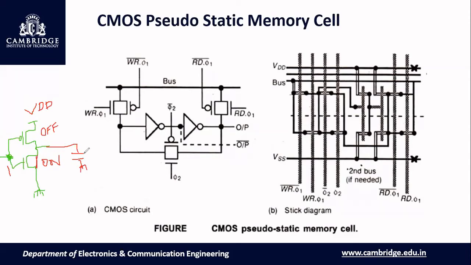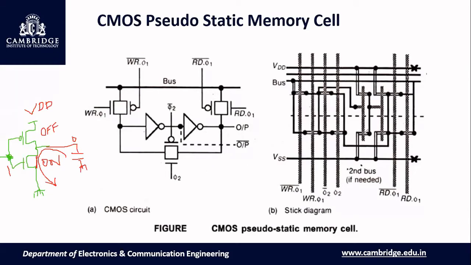The current will flow in this transistor, the charge in the output capacitor will be discharged, and you'll get 0. Understood?